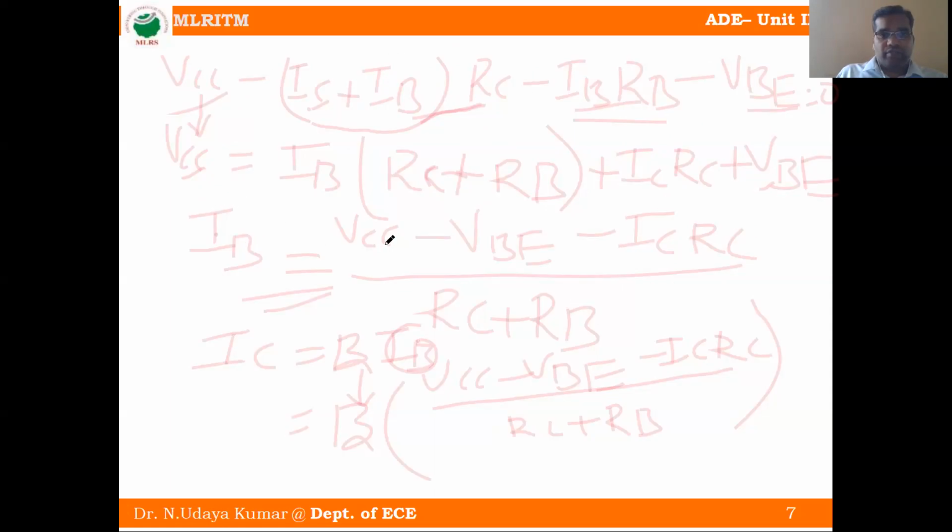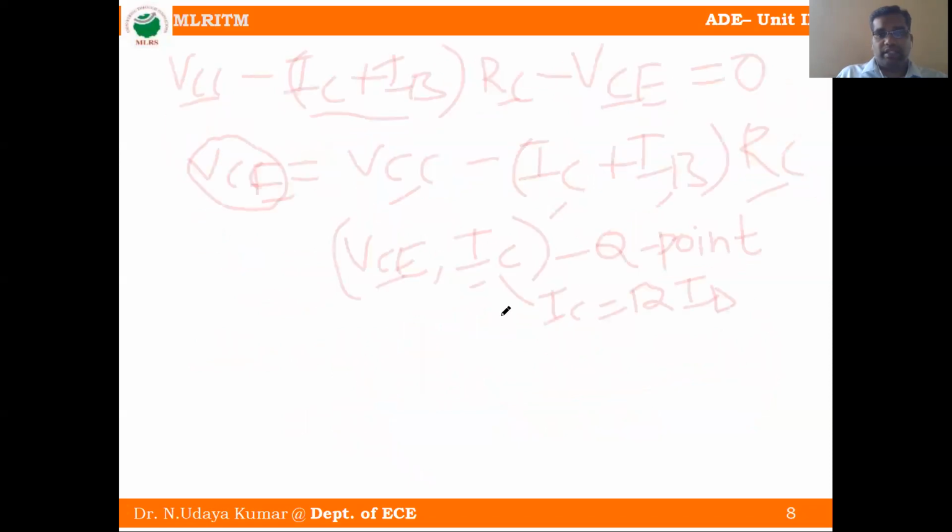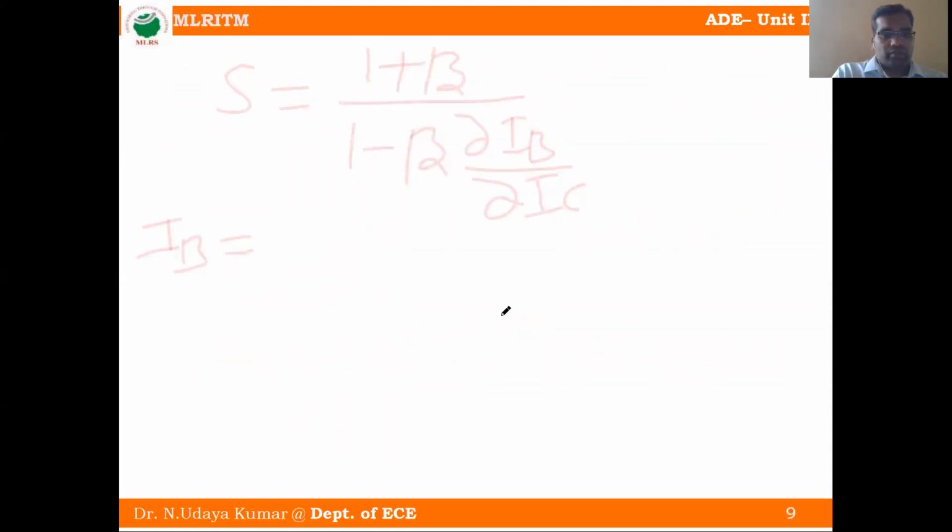So IB is equal to VCC minus VBE minus ICRC divided by RC plus RB. So this is IB.